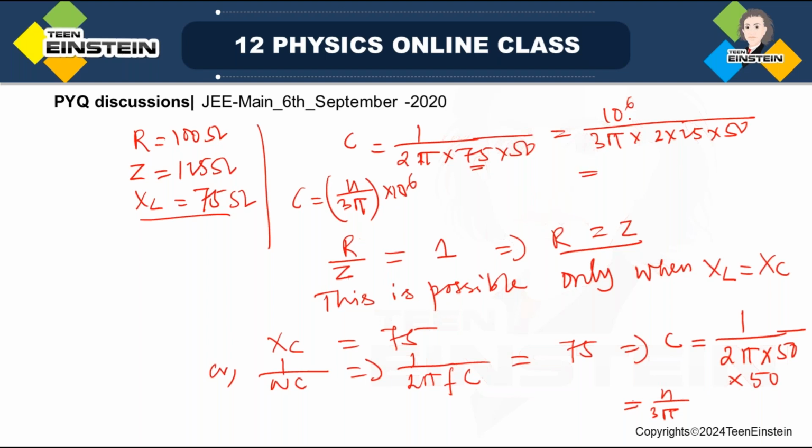This gives the result in microfarad, with 10 to the power minus 6.